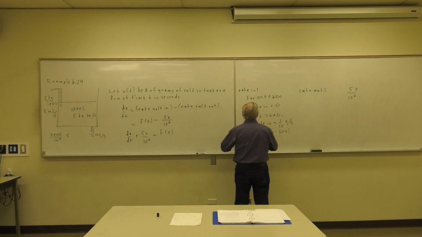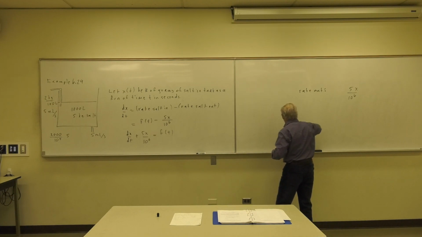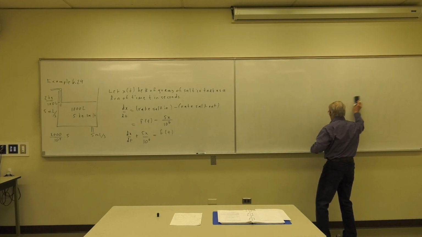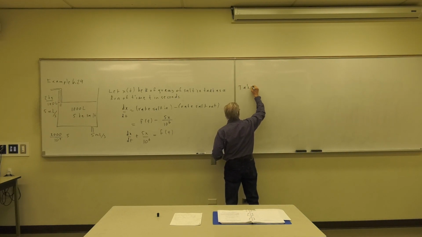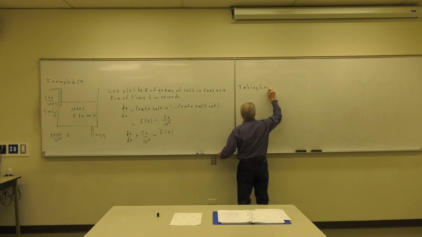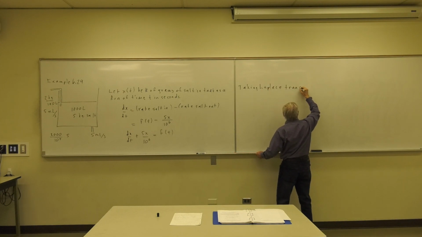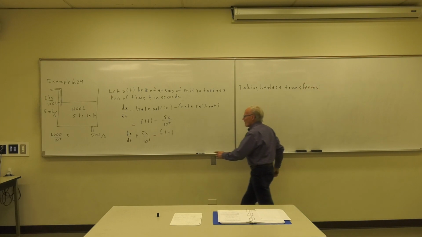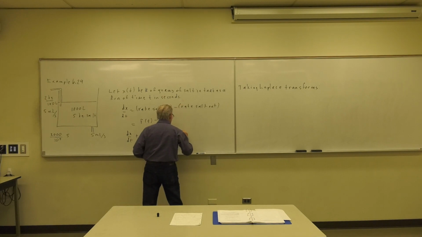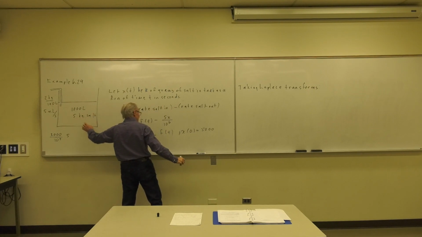So Laplace transforms. Hope we don't have to look at this. Hope I got it right. So taking Laplace transforms. And we have here x at 0 is equal to 5,000. There was originally 5 kilograms.